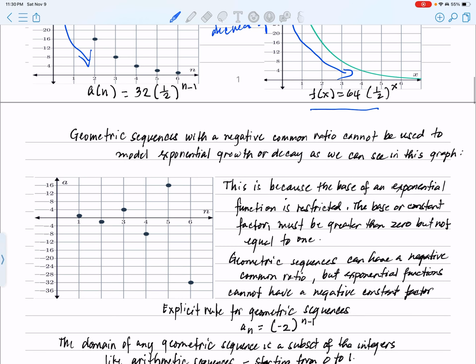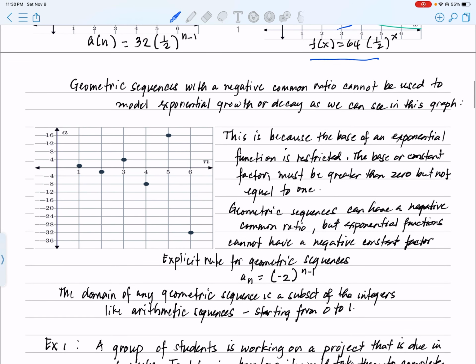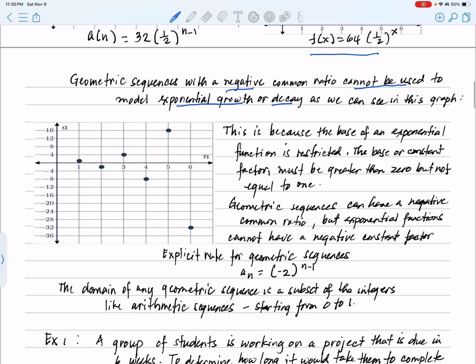Geometric sequences with a negative common ratio, this time it's a negative common ratio, cannot be used to model exponential growth or decay. As we can see in this graph, some points are scattered going that way, some points are scattered going down.